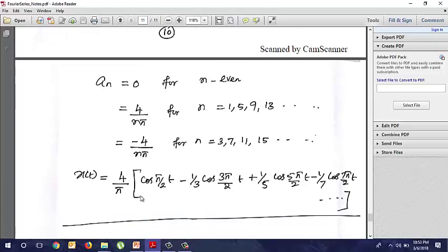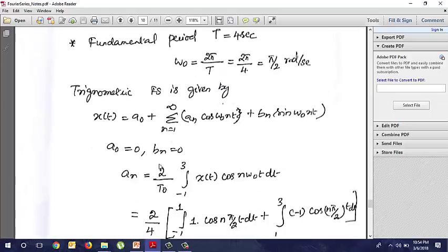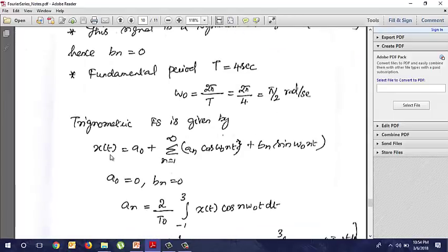Okay, now what you can do is, 4 by pi is taken out, and then n you have to substitute. Here is your original equation: x of t is equal to a naught plus summation An cos n omega naught t. For n equal to 0, the term is 0. For n equal to 1, it will be A1 into cos omega naught t. For n equal to 2, the value becomes 0.